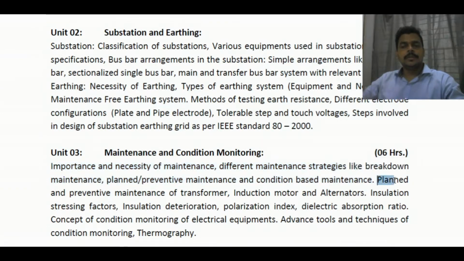Now the interesting point of this syllabus is the definitions or terminologies which we have studied earlier that we are using for electrical equipment like transformer, induction motor and alternator. So this is our today's topic of interest.